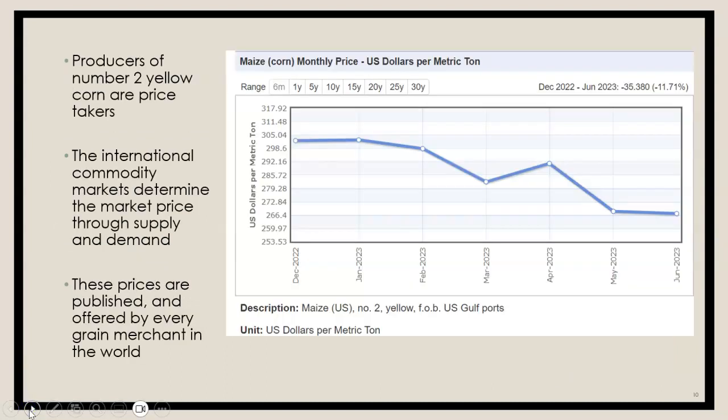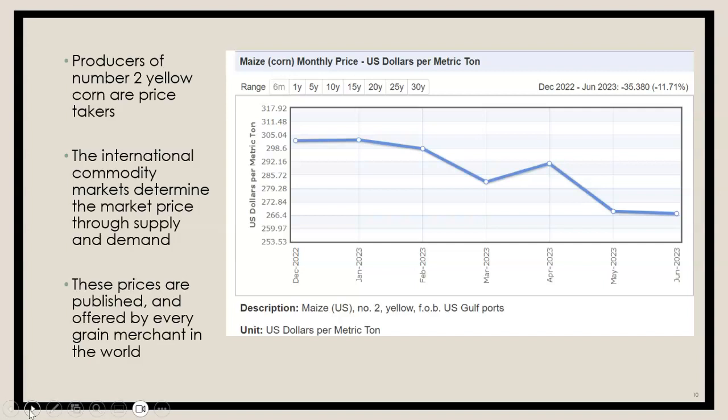Okay, producers of number 2 yellow corn are price takers. Over on the right, I have a chart that shows the price of number 2 yellow corn over time from December of 2022 to June of this year. And notice at the bottom it describes it as U.S. maize or corn, number 2 yellow FOB, which means free on board U.S. Gulf ports.